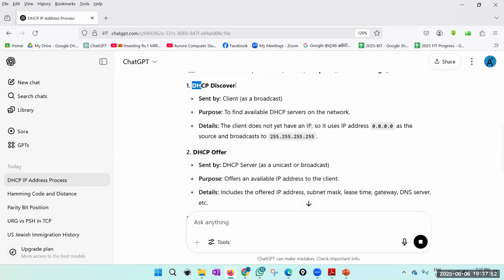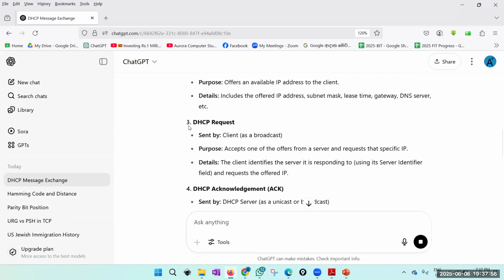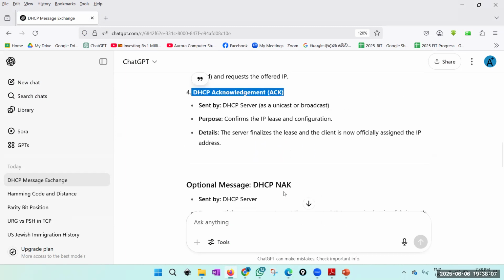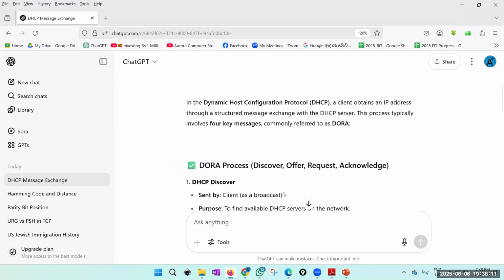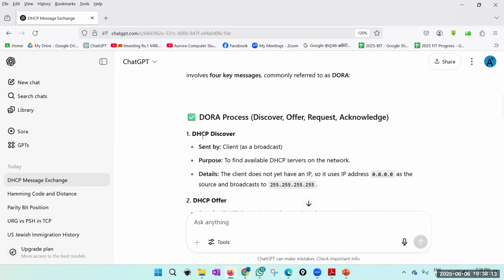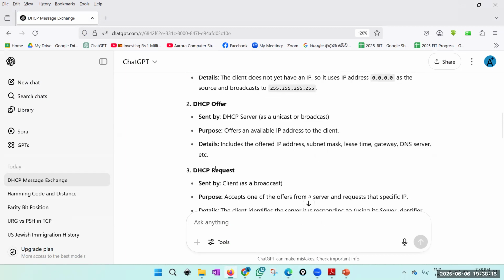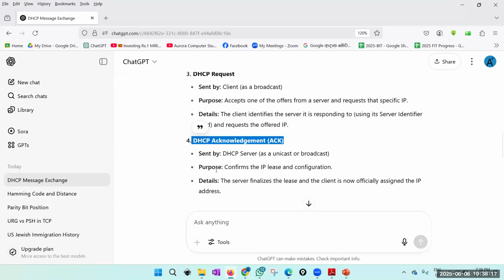Right, you can see DHCP discover, then DHCP offer, DHCP request. Only after the offer do you request it, and then the acknowledgement. So the server acknowledges that okay, you have been assigned. Okay, right. So just make a note of that. Discover, offer, request, acknowledgement.